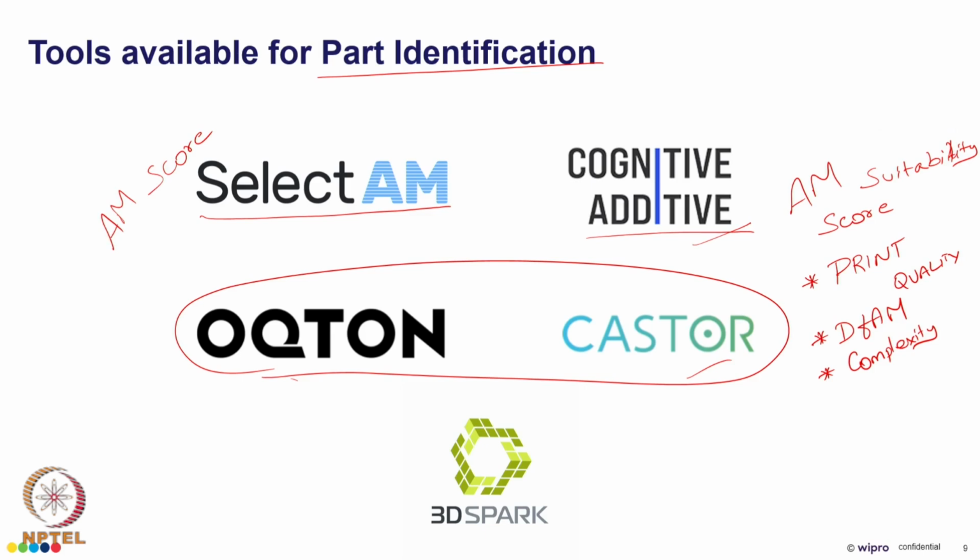Just to add a point here, Octane already has 2 products, one is 3D Expert, another is Manufacturing OS, which covers most of the domain in the AM ecosystem. Finally, 3D Spark, they are also working in the same space for part identification.